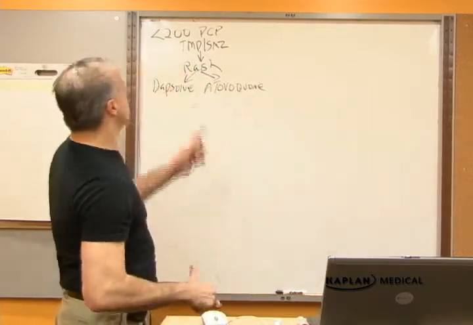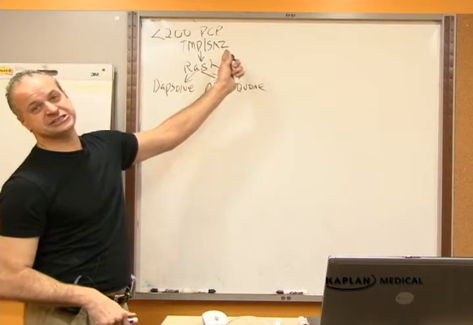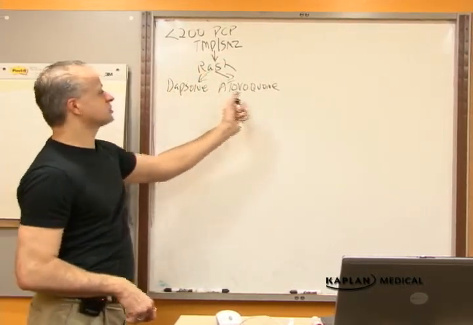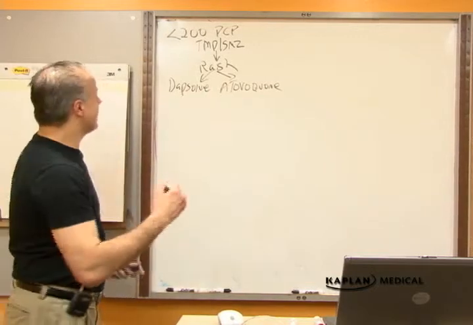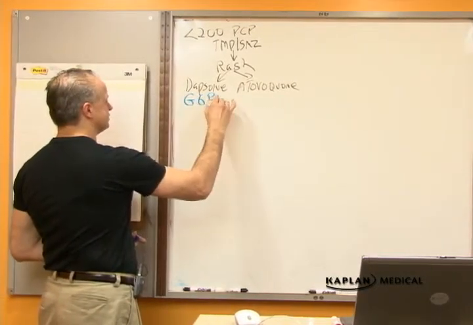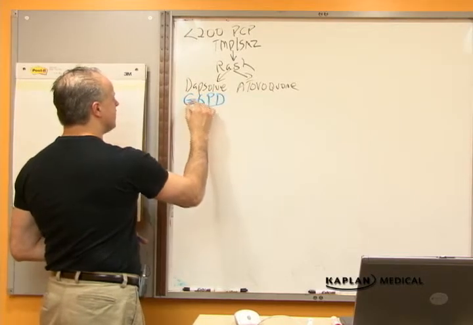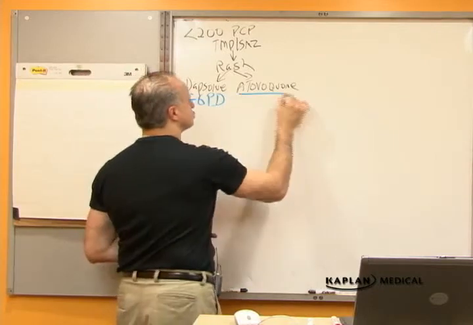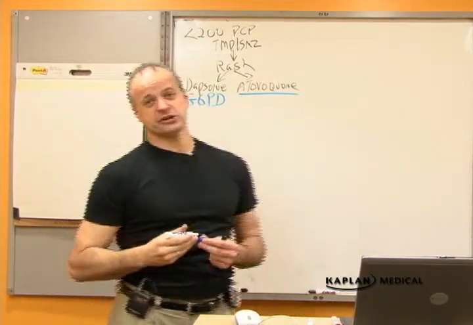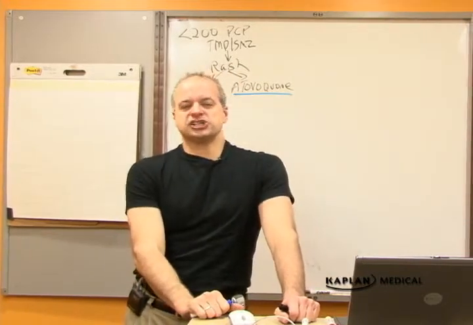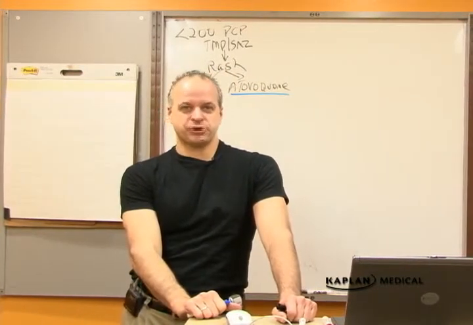Now, aerosol pentamidine is a drug of virtually no use anymore. Because if you are under 200 T cells, we would use Bactrim, and dapsone or atovaquone alternatively. Now, if you have glucose-6-phosphate dehydrogenase deficiency, we don't use dapsone. However, then you use atovaquone. Atovaquone is a drug that a number of you are not going to have heard of because it has very few indications. In other words, atovaquone is a new antiprotozoal drug.